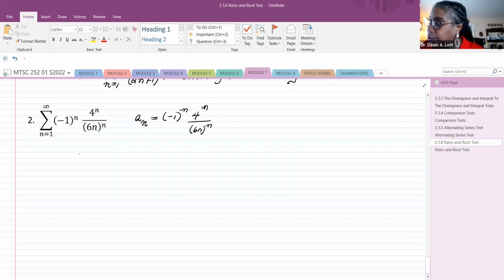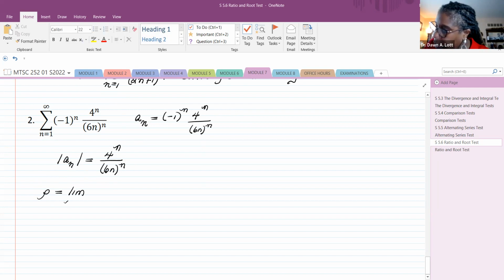So we need to compute the absolute value of a_n. And now the minus 1 to the n can go away, and we get 4 to the n over (6n) to the n. All right, so therefore rho is the limit as n approaches infinity of the nth root of the absolute value of a_n.